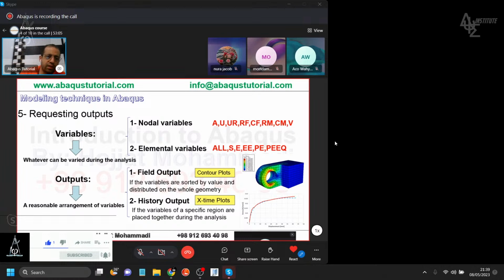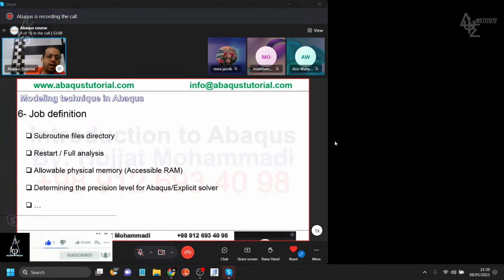Okay, and finally we have to define a job. A job definition includes the subroutine files directory, when available, and deciding about restart or full analysis of the model. In addition, we can decide about the allowable physical memory for our analysis.